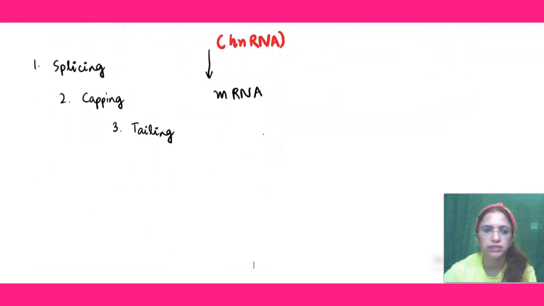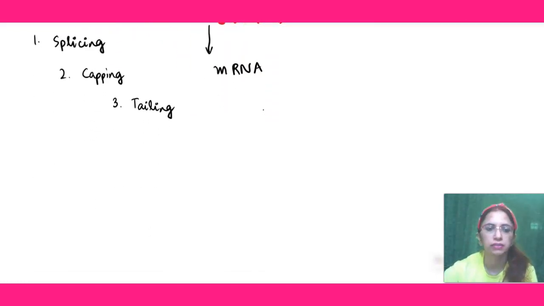The heterogeneous RNA that is being formed, right? It has coding and non-coding sequences both, okay? So here you can see that I am making the strand by the use of two different colors.